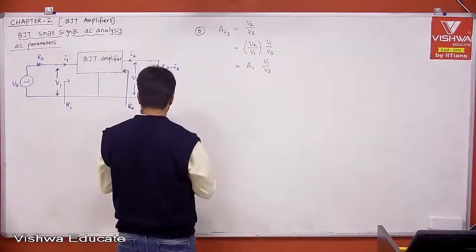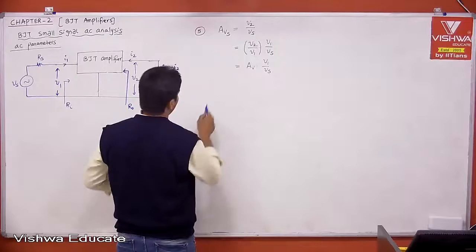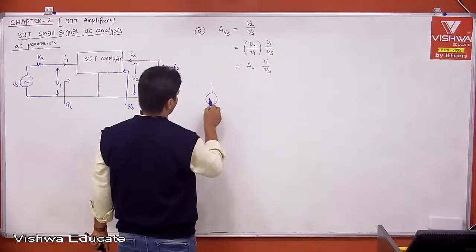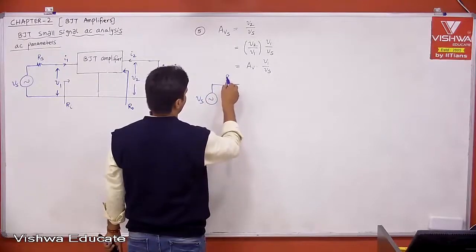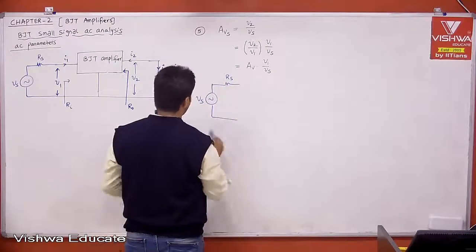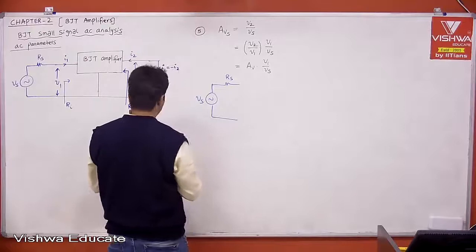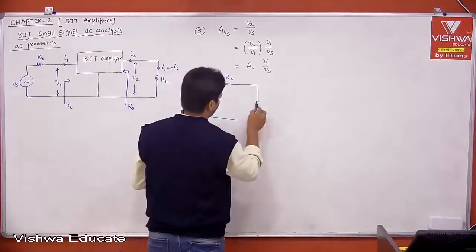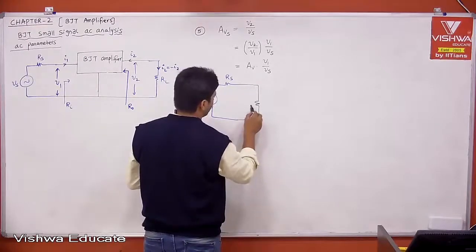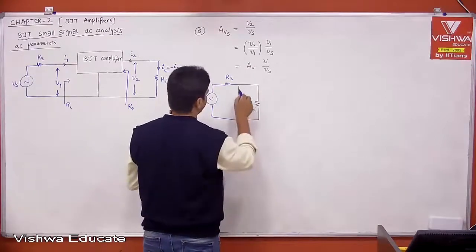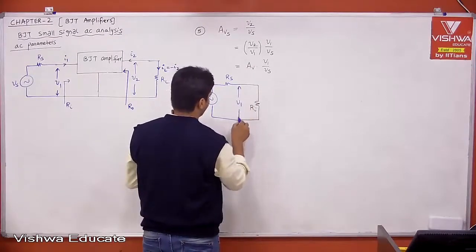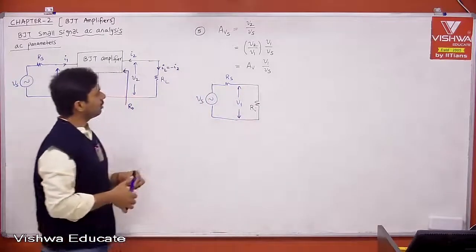Can I model your input part like this, where Vs and Rs are your practical voltage source? Now your amplifier has input impedance Ri. Let me replace the input part, and we know that this is nothing but your V1.